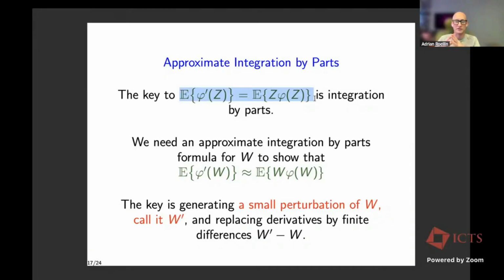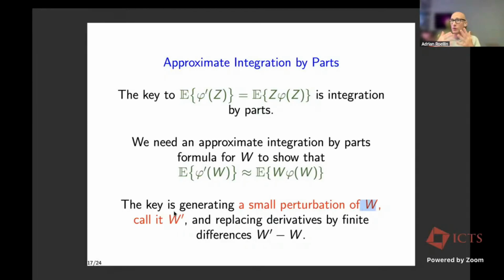Moreover, most of the time we don't know enough about W in the first place to even think about an integration by parts formula. So what Charles Stein did instead is he said, well, let's replace differentiation by differences, so that we work with differences to replace differentiation. The key idea is that we take our W and we create a small perturbation of W. We call that W prime, traditionally.